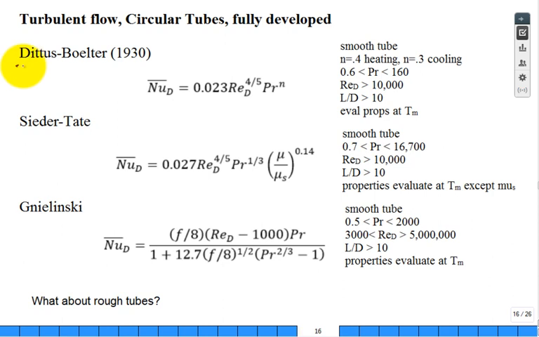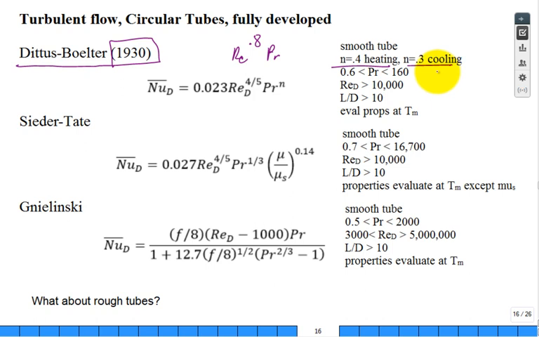Well, Dittus-Boelter is simple to use. It's been out there for a long time. You can see the structure. Instead of the Reynolds number to the 0.75, what's 4/5? 0.8. Instead of a Prandtl number to a constant 1/3, 0.3333, they say, if it's being heated, use 0.4. If it's being cooled, use 0.3.